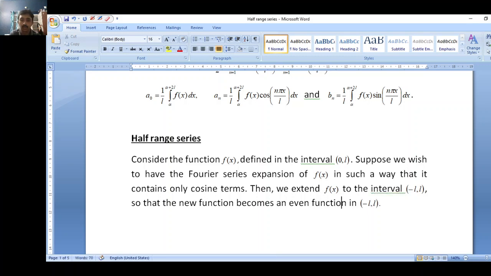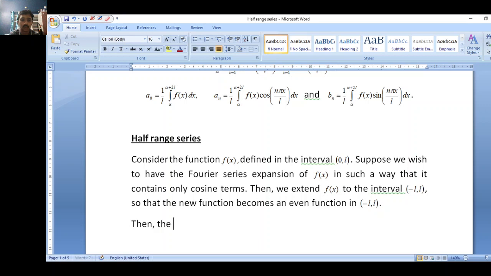What exactly we are doing is that f of x is a given function and we are going to extend it to the new interval minus l comma l in such a way that the new function becomes an even function in minus l comma l. Right? So if this is done, what will happen?